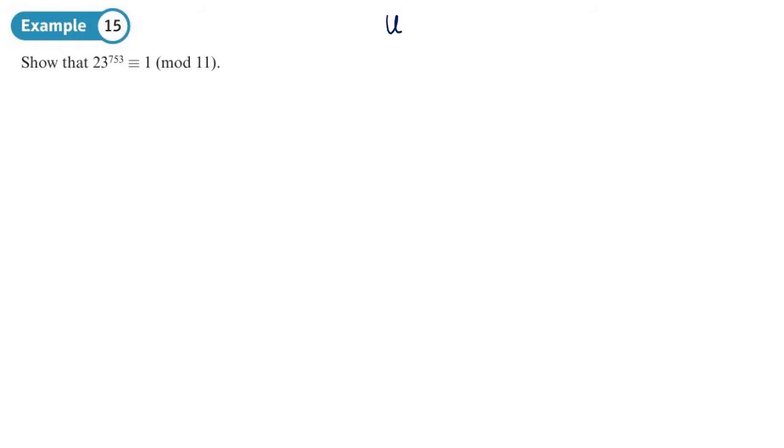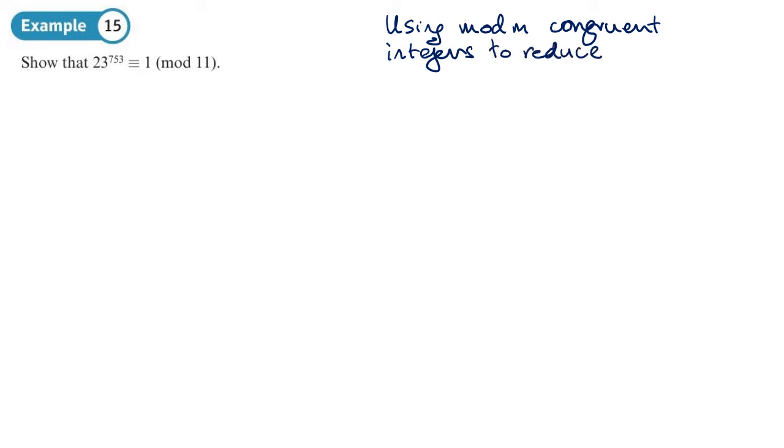So using the modulus, mod M, we use congruent integers to simplify, to reduce the integer to a smaller one. It's normally the technique we use in this question.